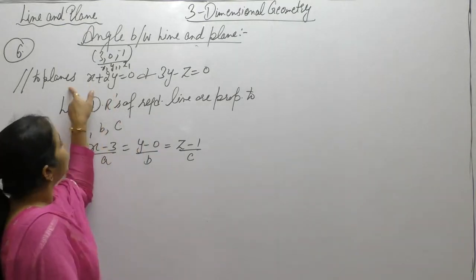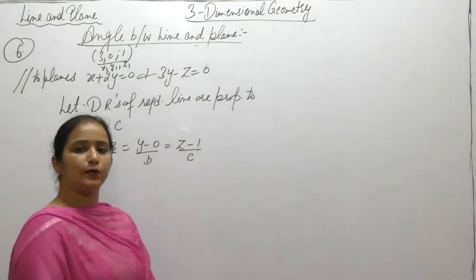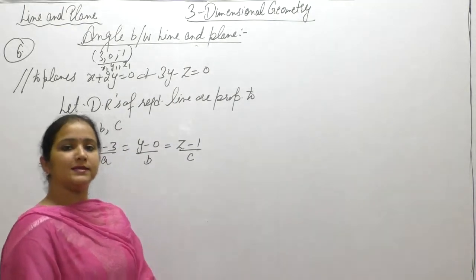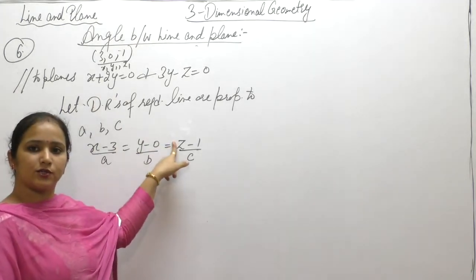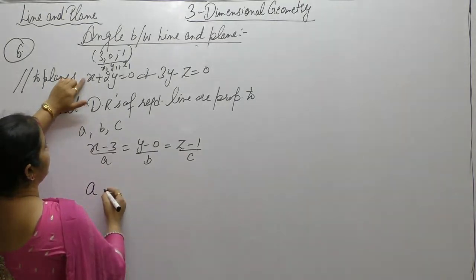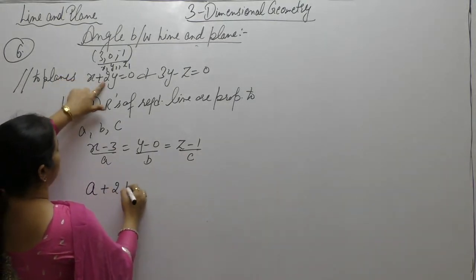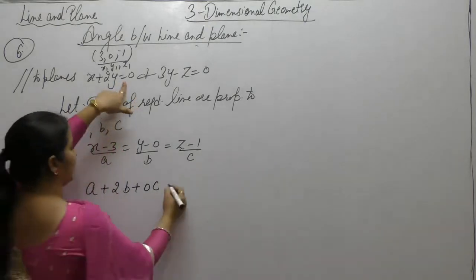Now it is given that line is parallel to these planes. If line is parallel to these planes, it means it is perpendicular to their normals. So what will be the equation? A into 1 plus 2 into B, 0 into C because z component is not here.